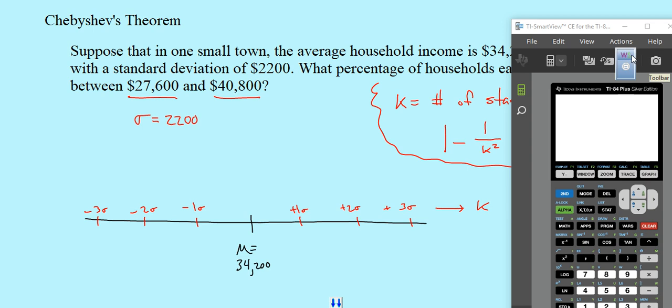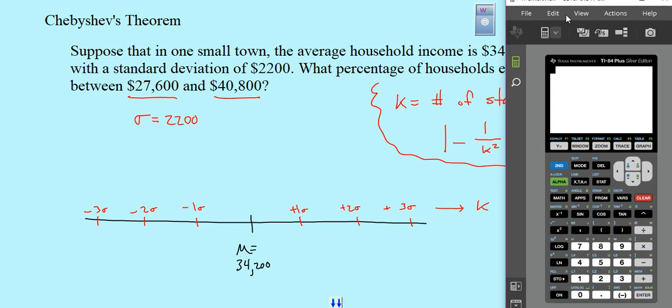If I start off with my mean, 34,200, and I add 2,200 to it, that number represents 1 standard deviation above, because I've added 2,200 onto my mean. I added it on and got my first standard deviation.